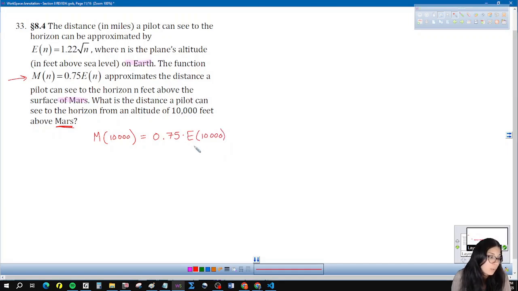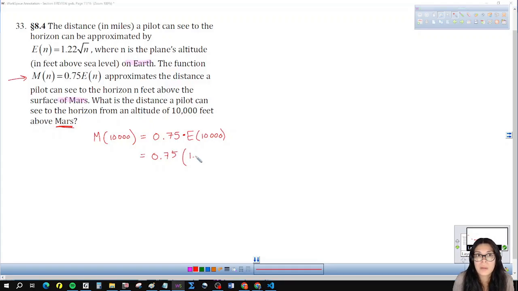So I am going to need to use E of n just because m of n uses it, okay? But let's say it was 0.75 times n to the power of 1/2 or something like that, then I wouldn't even really need to have used E of n. But in this case, they are requiring me to use E of n in the equation for m of n. So I'm going to go ahead and fill that in.